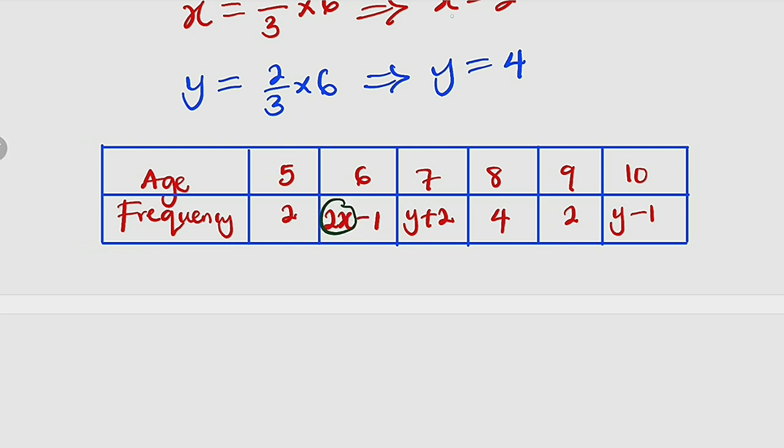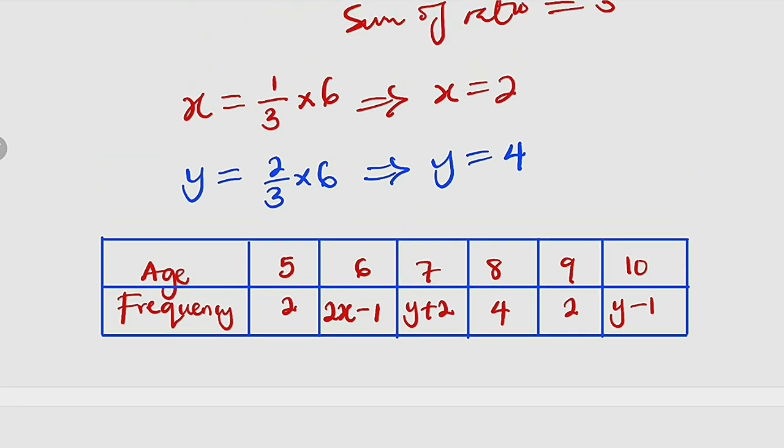We have 2x minus 1. What does that imply? It implies that 2 times x, 2 times 2 is 4. The minus 1 will give us 3. So I would like to substitute this with 3. Then we have y plus 2. Y plus 2 means 4 plus 2, which is 6. So I'm going to replace this with 6.